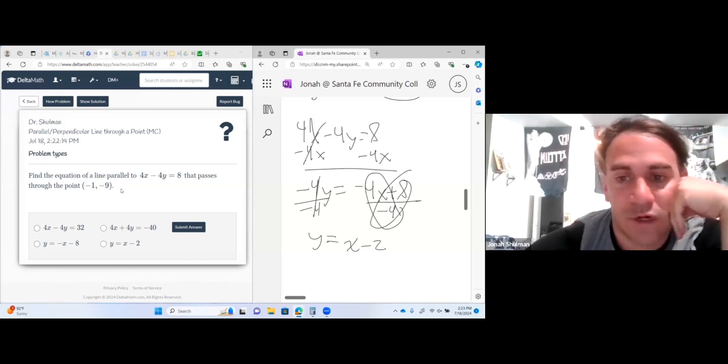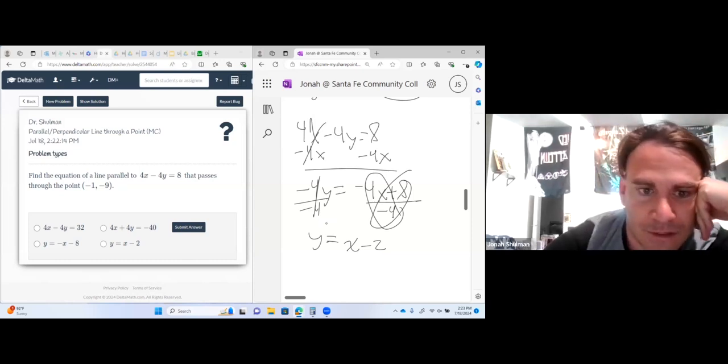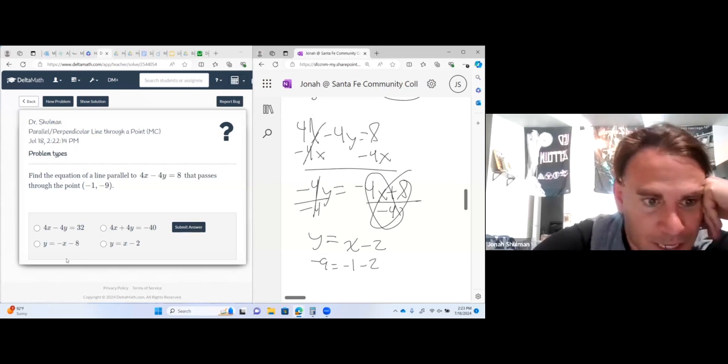Well, we can try it, right? This is going to be -9 equals -1 minus. Nope, that does not work. This one, it has to be. We know the slope has to be positive x. And that's a negative x, so this doesn't work either.